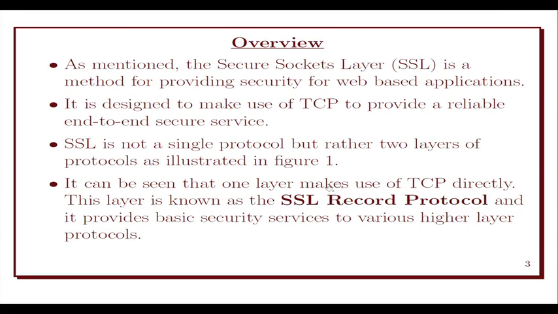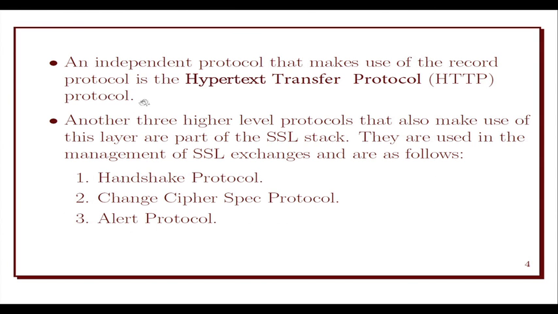It has basically two layers. One layer makes use of TCP directly, because it is just on top of the TCP layer, and this layer is known as the SSL Record Protocol. It provides basic security services to various higher-level protocols.